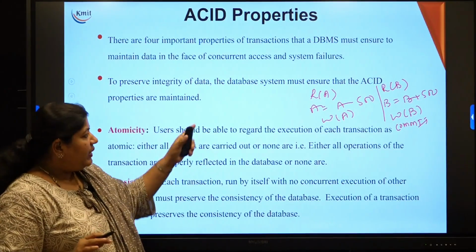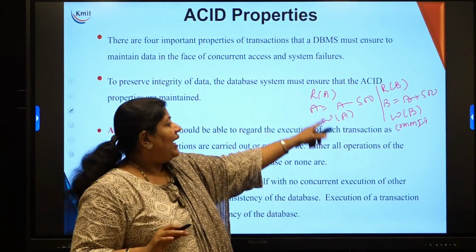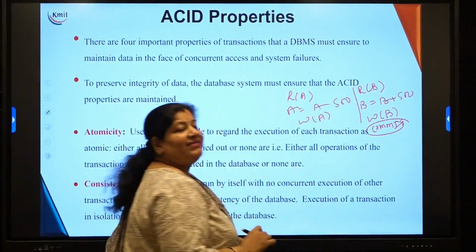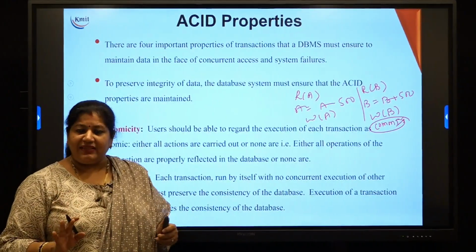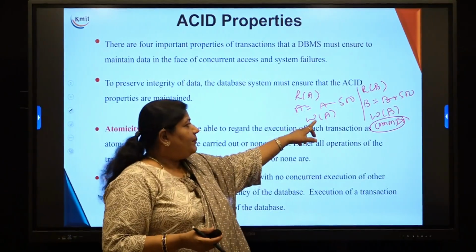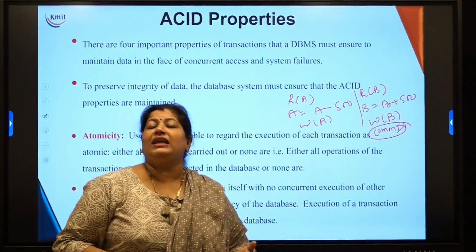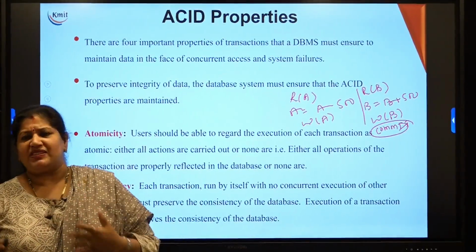Now, because of this, at any moment before this commit, if the transaction fails, maybe you have updated A by subtracting 500, but you could not read the value of B due to some system failure.